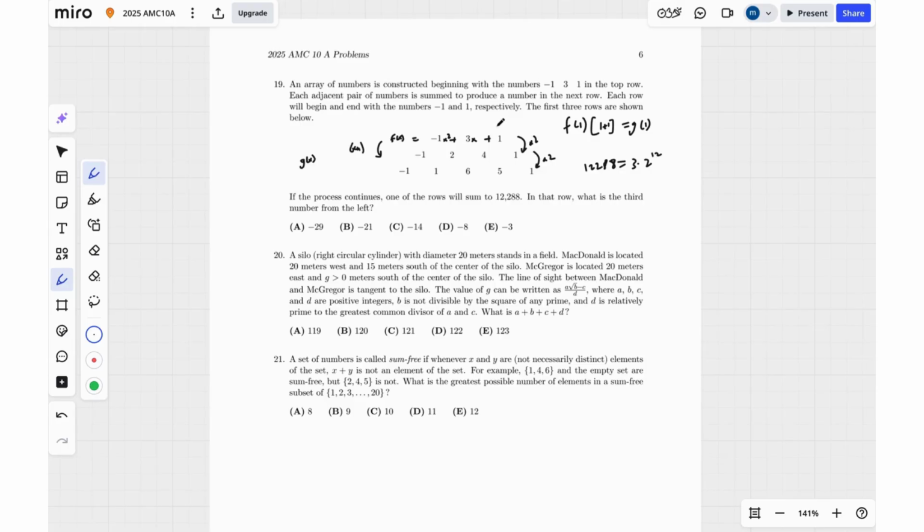This first row is 3 times 2 to the 0. So that means that it will be the 13th row. The first row has 3, so that means that in the row we want, it will be negative 1. And the second number will be negative 9.